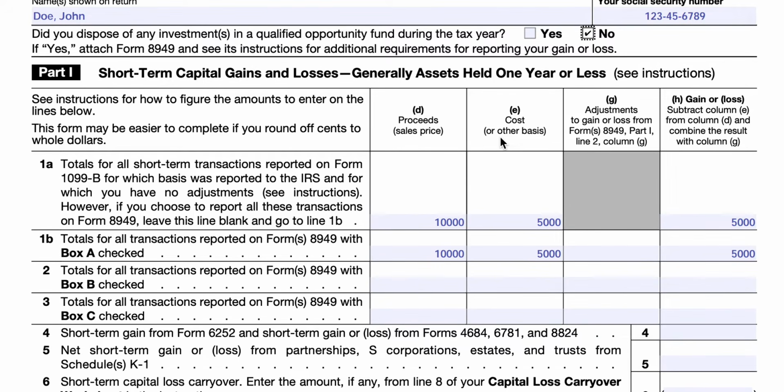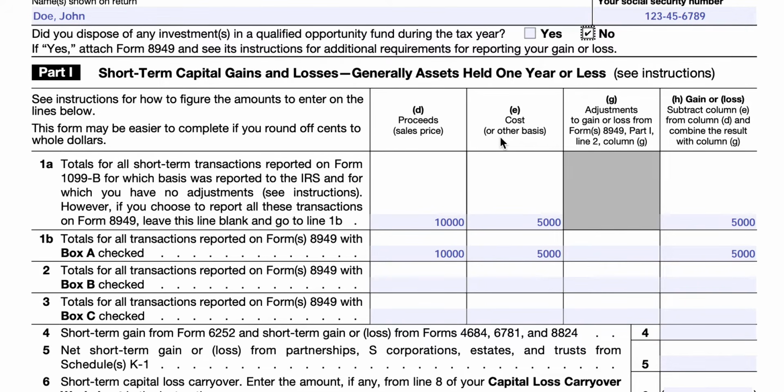At the top of this form, in line 1A, we have the totals for short-term transactions that were reported on your 1099, where the basis of that investment was reported to the IRS, and you don't have any adjustments.